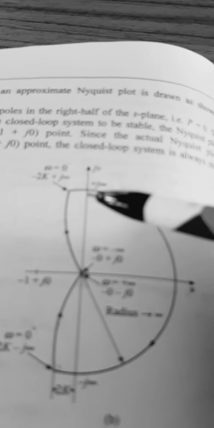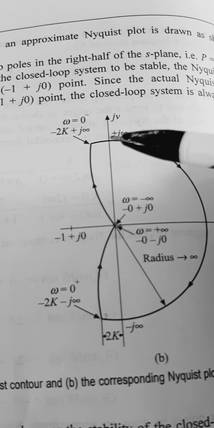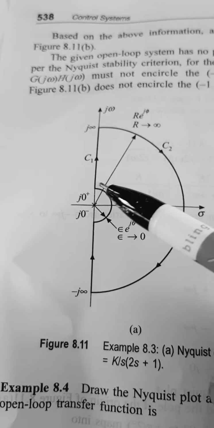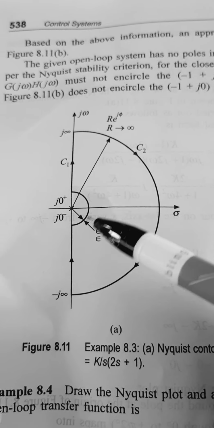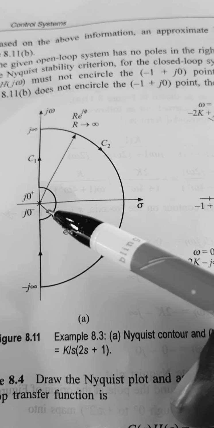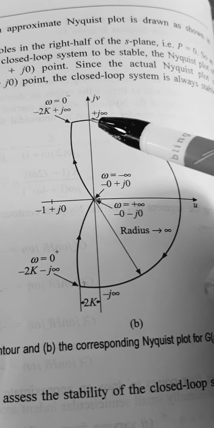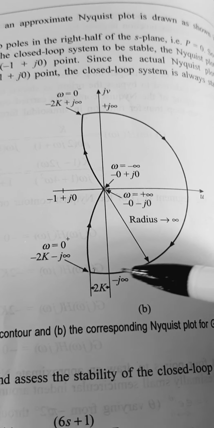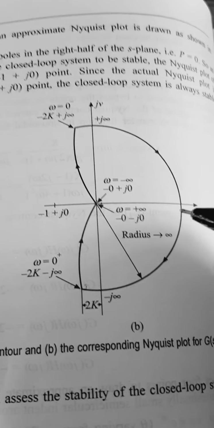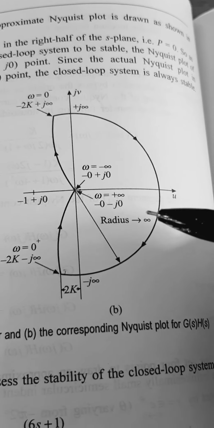So what you will get is an arc with radius infinity. Its representation in the G of s plane will be from plus 90 to minus 90 through 0, a radius of infinity.